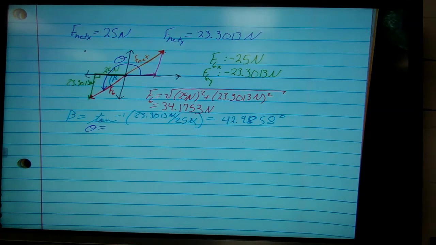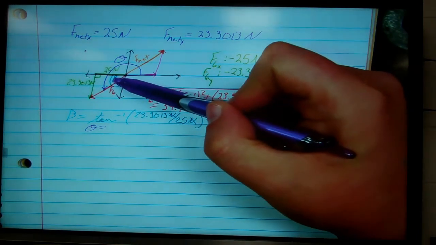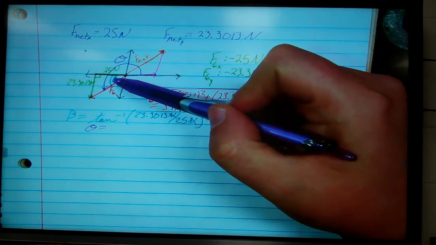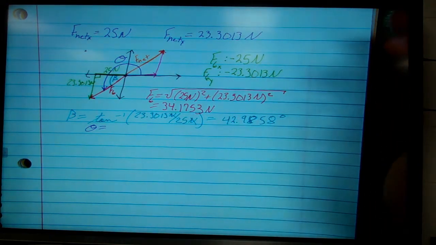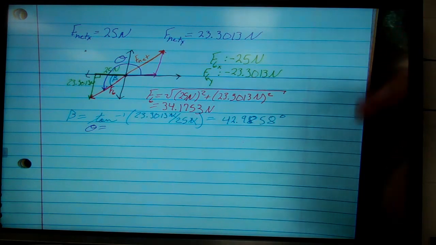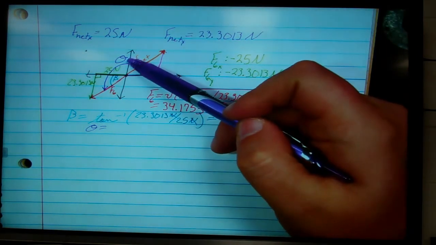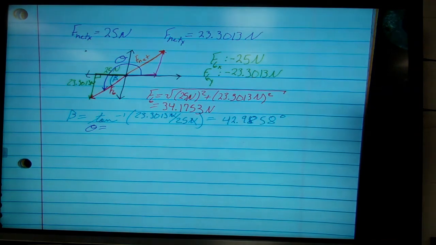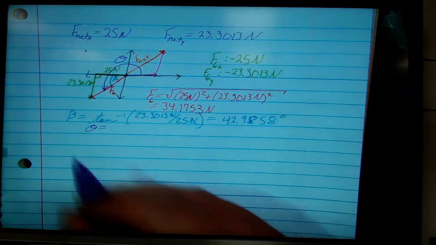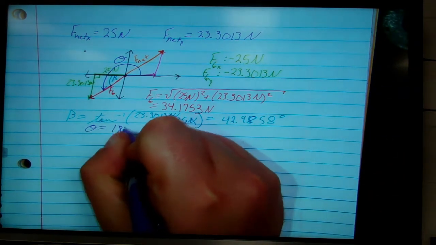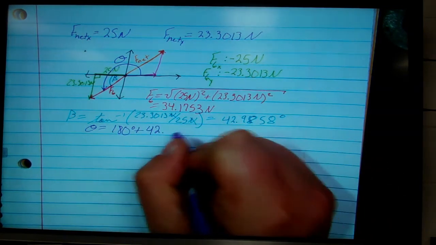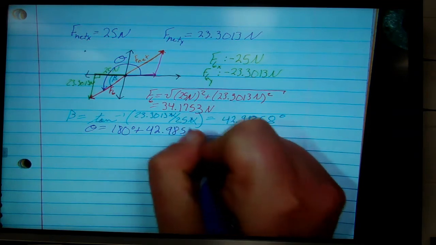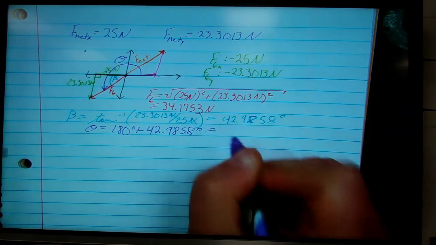Wait, what angle are we looking for? Where is theta on the little diagram? It's 180 plus 180 minus 42. I thought he was going along the flat.